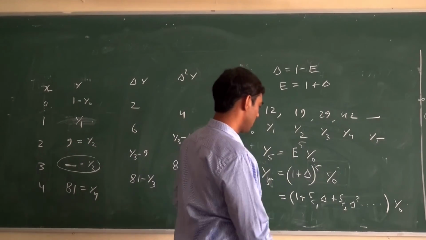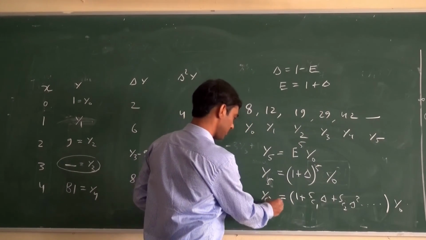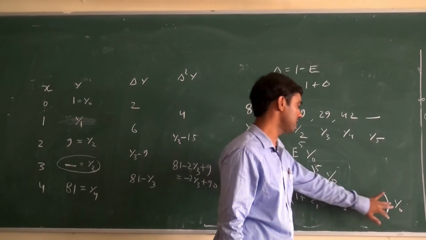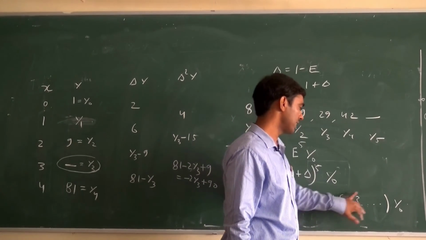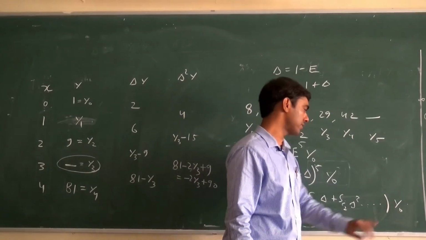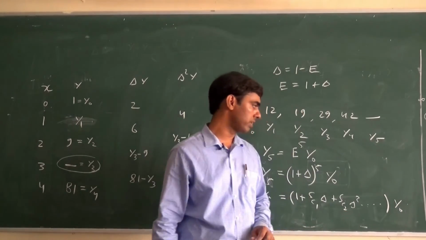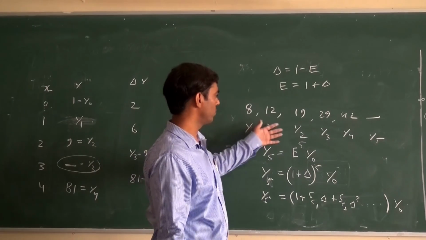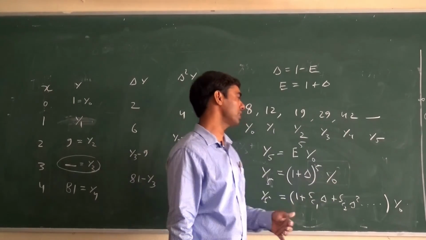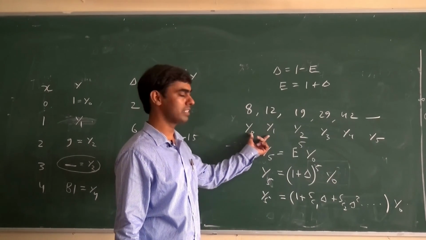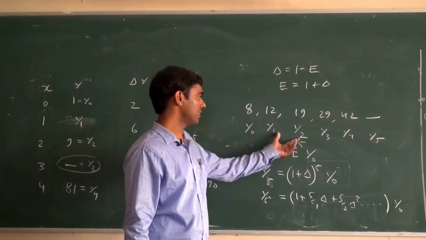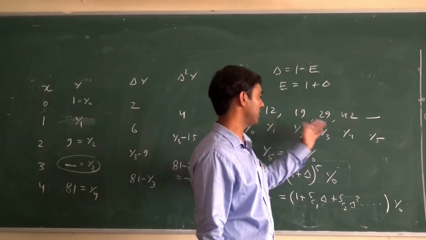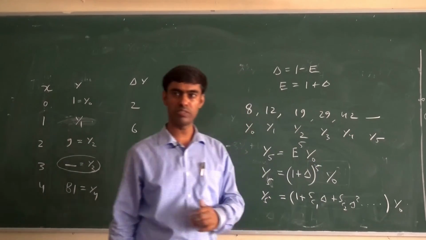So here we write y0 plus 5c1 of the first order difference, 5c2 of the second order difference, 5c3 of the third order difference, 5c4 of the fourth order difference. Then, since y0, y1, y2, y3, y4 are given, we are able to find the first order differences: y1 minus y0, y2 minus y1, y3 minus y2, y4 minus y3.